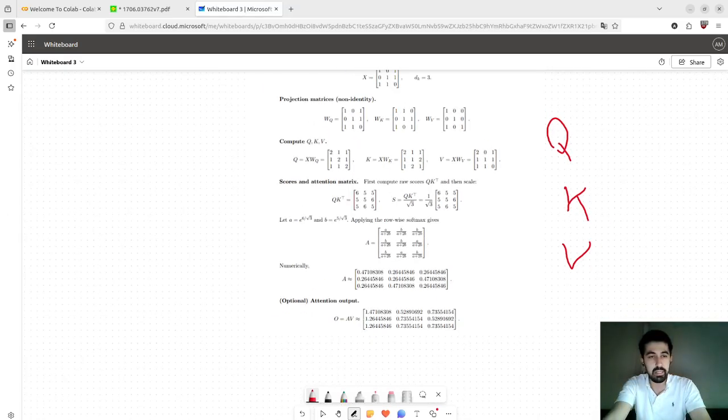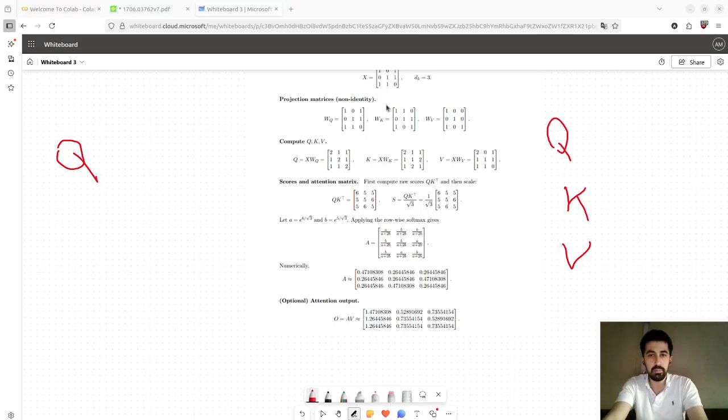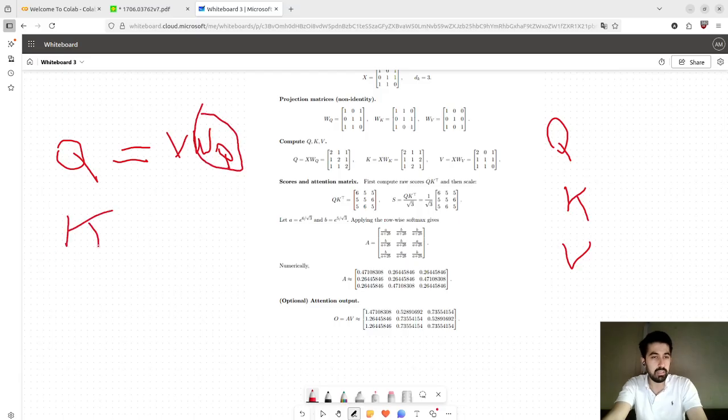To get the query, you do query is equal to x multiplied by WQ, which is a neural network again. You also calculate the key, you calculate the value, you calculate s as q transpose of k over radical d. Then you do a softmax, you multiply by v, and you get your attention matrix.